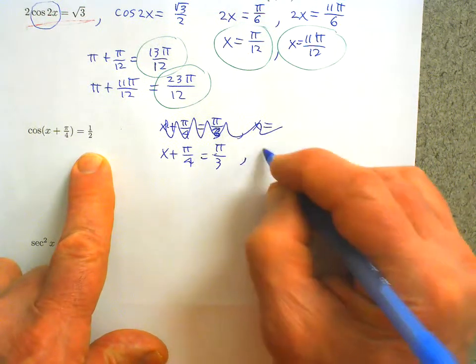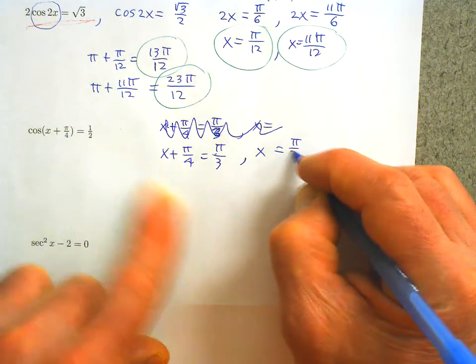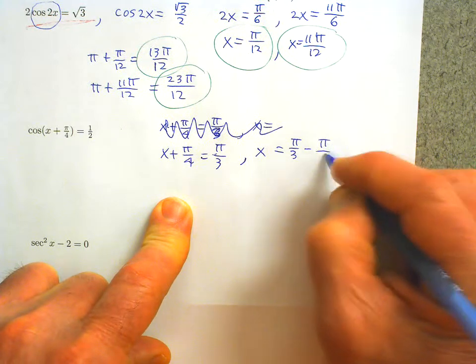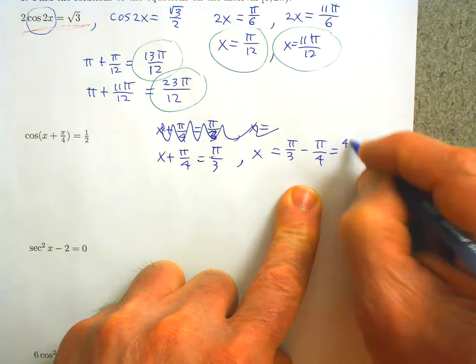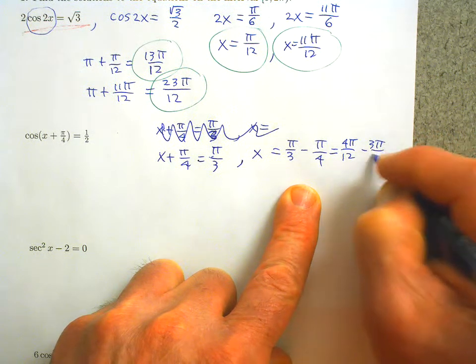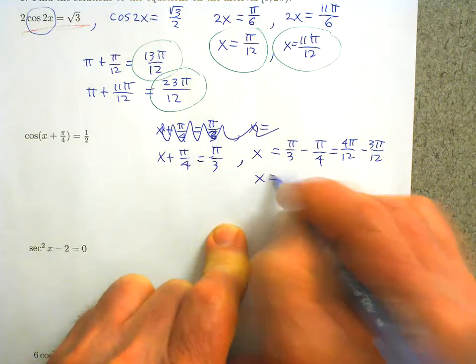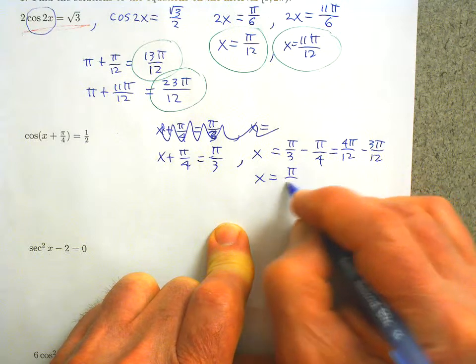So when we solve this for x, pi over 3 minus pi over 4 is 4 pi over 12 minus 3 pi over 12, or x equals pi over 12.